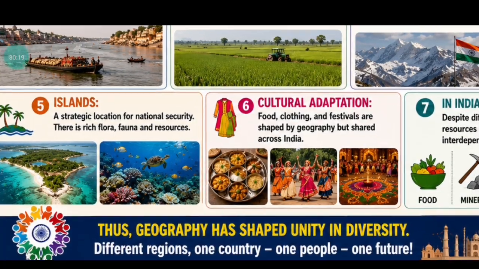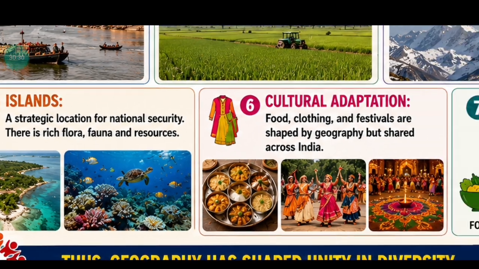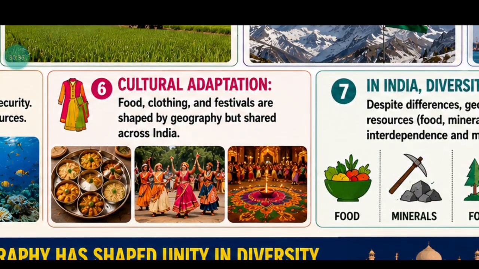Islands are there. These islands provide a strategic location for national security, and there is rich flora and fauna. Great resources are available for our country. Cultural adaptation: food, clothing, festivals are shaped by geography but shared across India. And we people like it, we love it, and we respect this diversity.